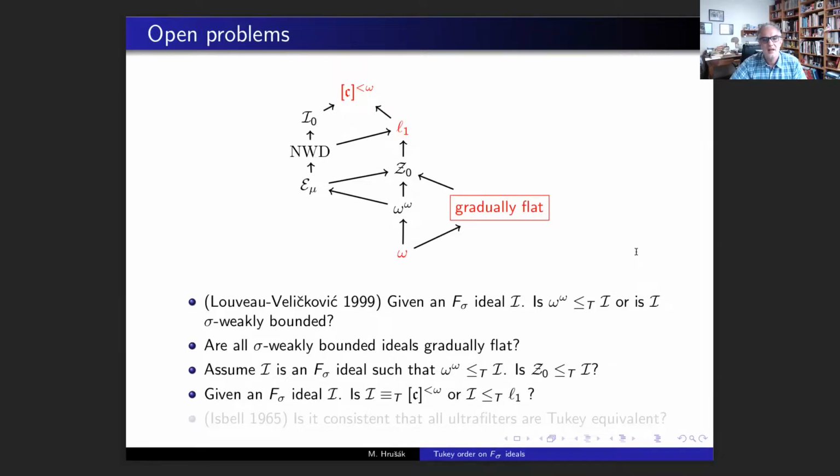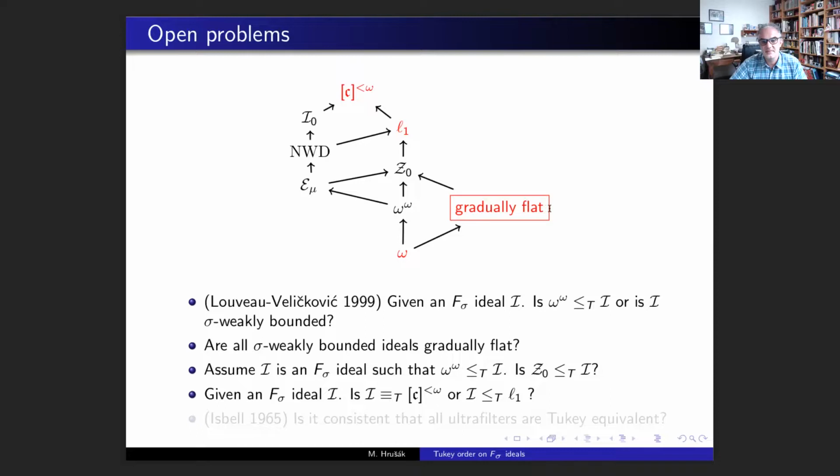So if you take a look at the picture, sort of augmented a little bit now. The red ideals are the ones which are F sigma. So there is the category leaf, the measure leaf, and now as far as we know, F sigma ideals are, well, there is the trivial one, the ones of countable cofinality are down here. Then there are the sigma weakly bounded, which sit to the side here.